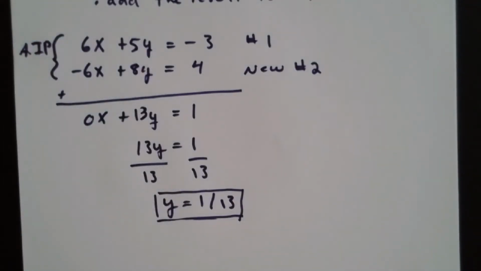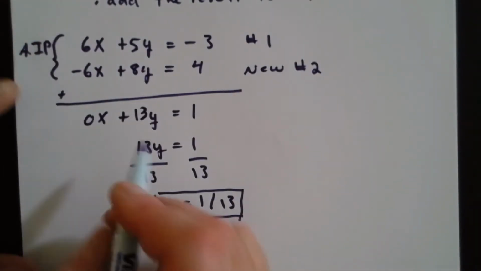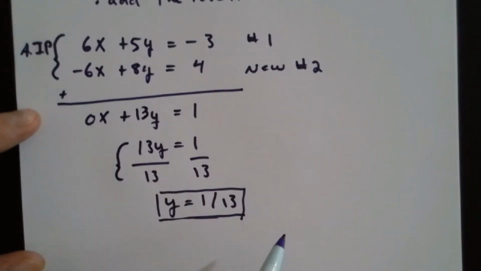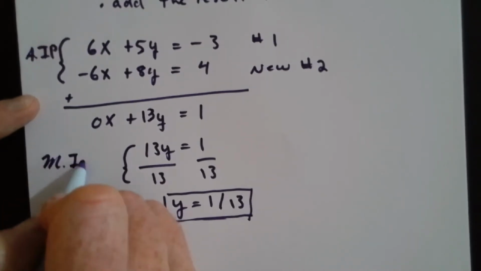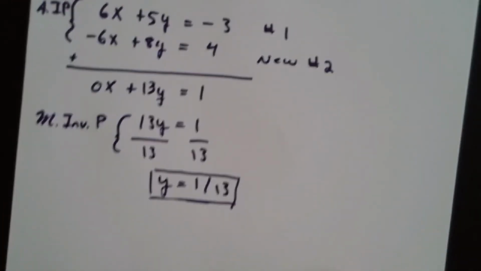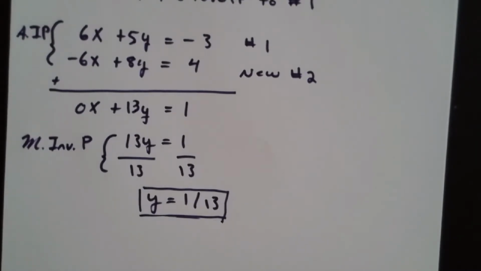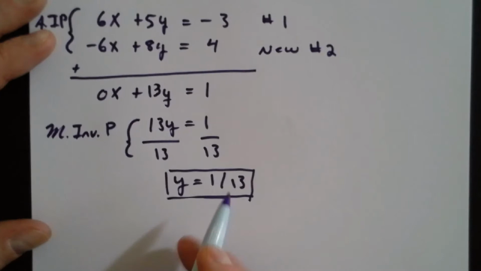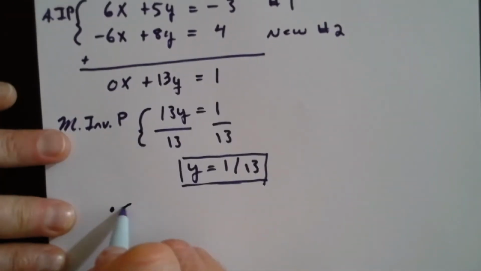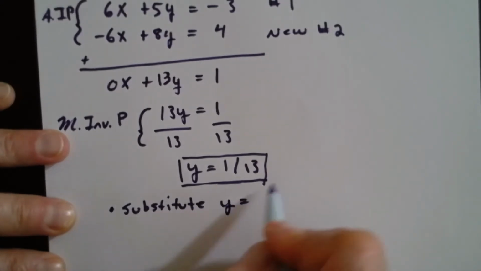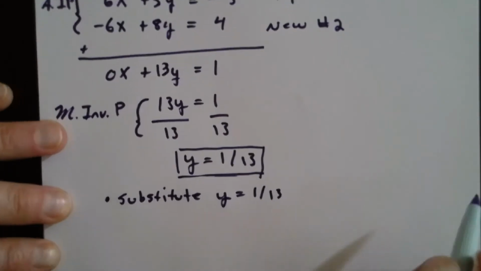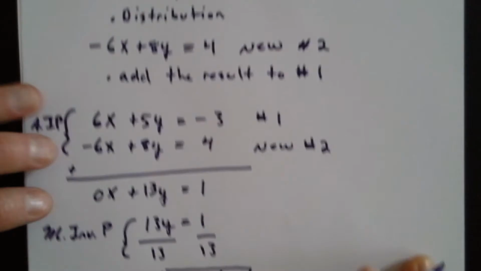This is the additive identity property. This, of course, is the multiplicative inverse property. So now we need to substitute y equals 1/13 into which one?